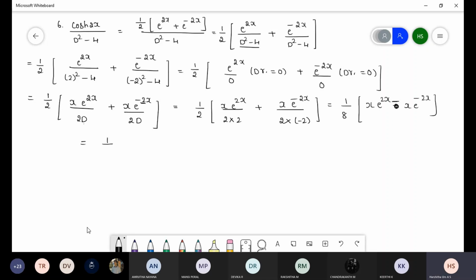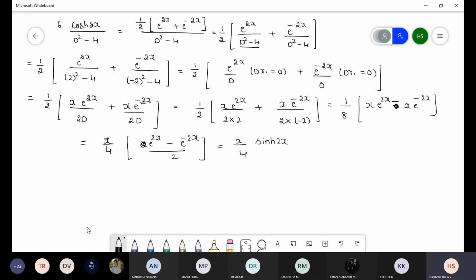Again, I take 1 by 4 outside. x into, I write this x also outside, e power 2x minus e power minus 2x divided by 2. So, x by 4 times e power 2x minus e power minus 2x divided by 2. This is the formula of sine hyperbolic 2x.